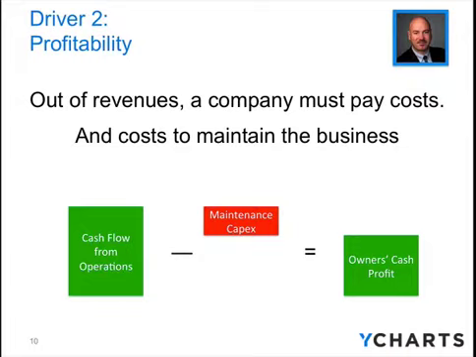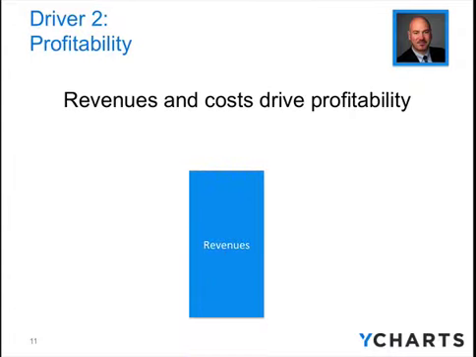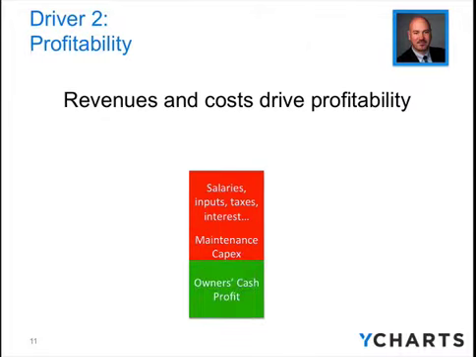This is meant to show how much cash is left over once all of the necessary costs have been deducted from revenues. It goes without saying that revenues and costs drive profitability. We have revenues, we have to pay some direct costs like these, we have to pay our maintenance CapEx costs, and once all of that is paid, we have owner's cash profit, OCP.